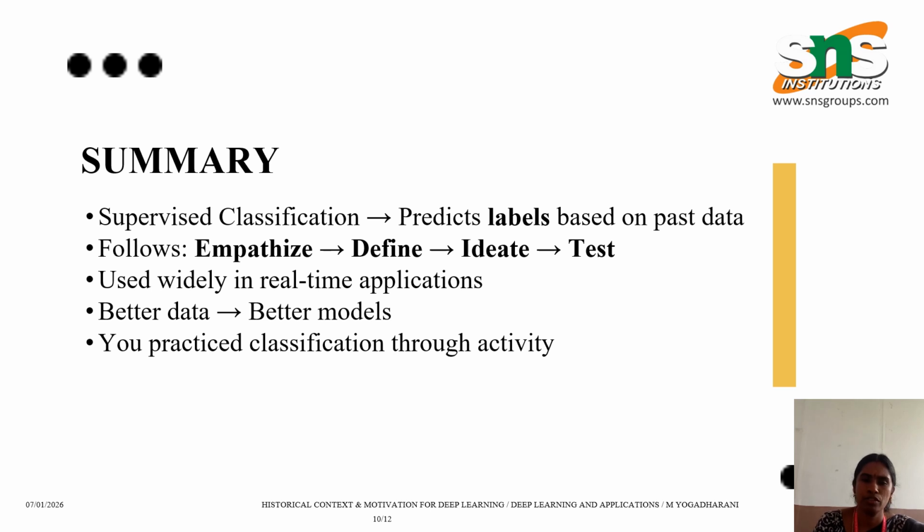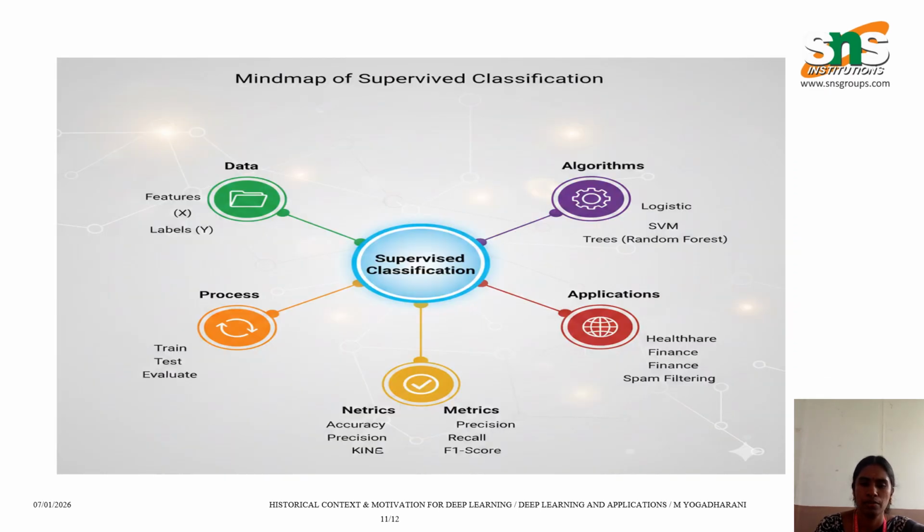Then the summary of today's class: we saw what is supervised classification. It predicts labels using past labeled data. It follows a structured process: understanding the problem, preparing the data, choosing the algorithm, and evaluation. This topic forms the base for all advanced deep learning classifiers.